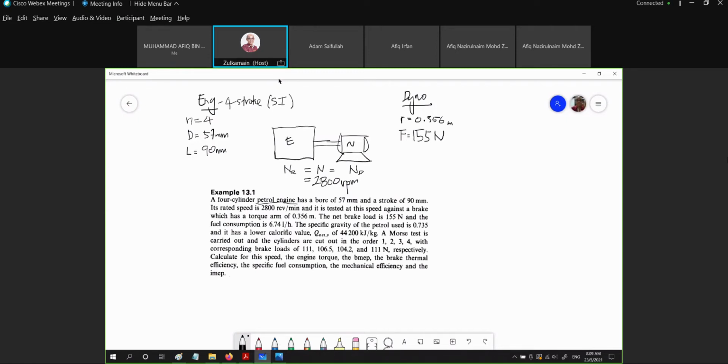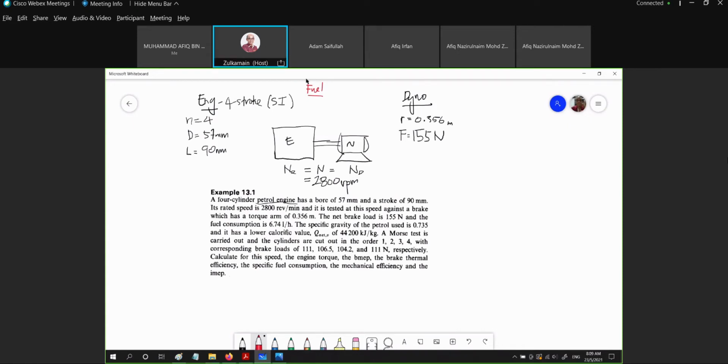And then the fuel consumption, so kita dapati kita ada diberikan fuel punya parameter. So kita letakkan di sini sebagai color merah. So this is our fuel punya parameter. And the fuel parameter given right here is the consumption liter per unit hour.